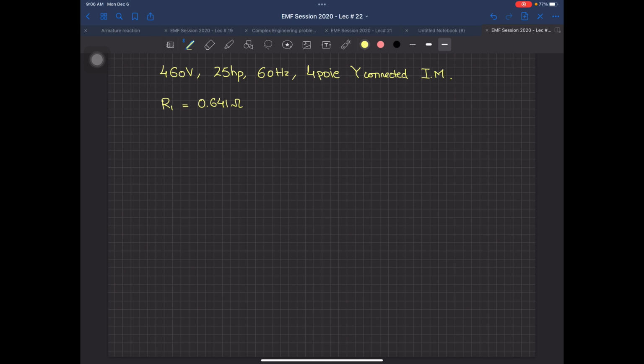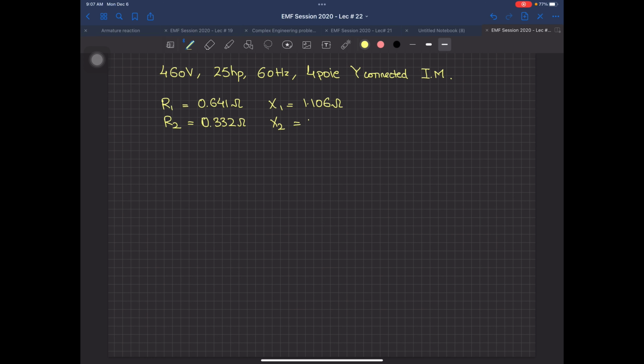So this is my R1, this is my R2. R2 is actually 0.332 ohms. I have my X1 as 1.106 ohm. You can see the difference here also, R1 and jX1. You can see R1 is just 0.641, X1 is very large. This is 1.106 ohms. So certainly this is going to be on the higher side.